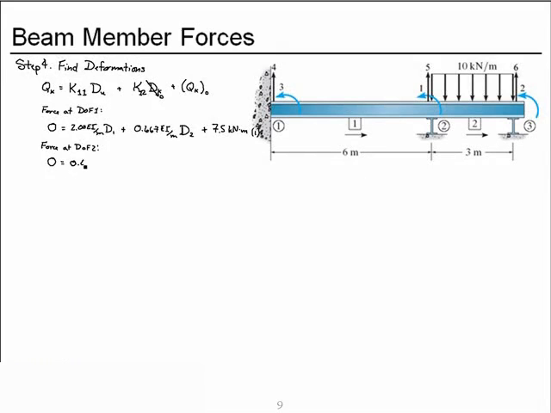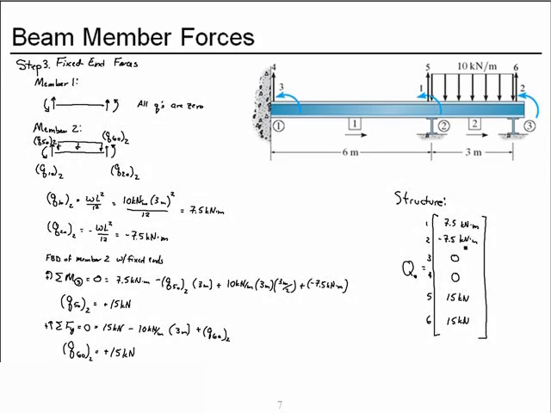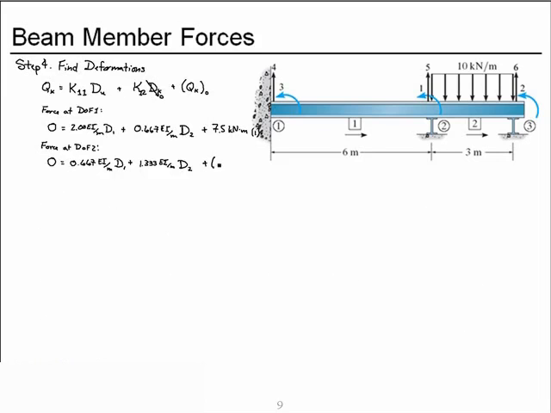And so we have 0.667 EI over meter times deformation at degree of freedom 1 plus 1.333 EI over meters times deformation at degree of freedom 2 plus our fixed end force for degree of freedom 2, which is a negative 7.5. We'll call this equation 2.